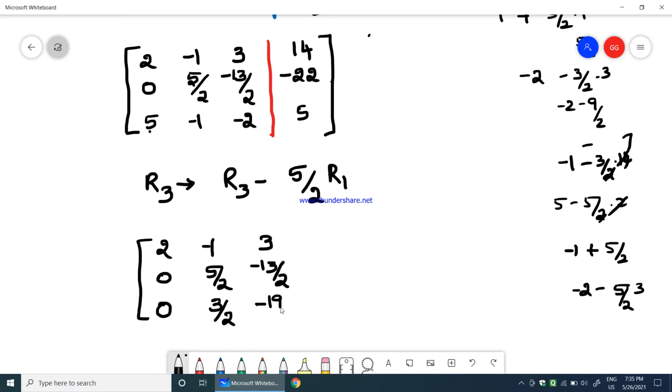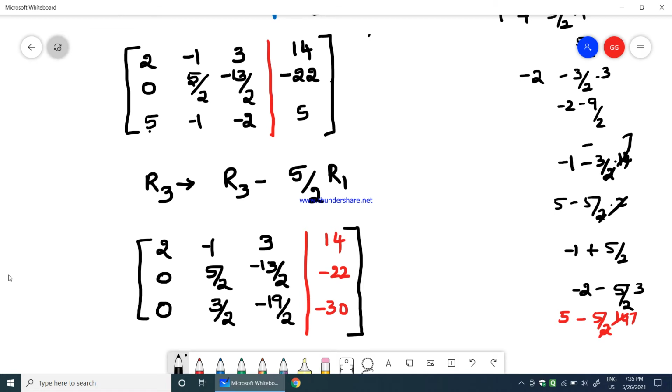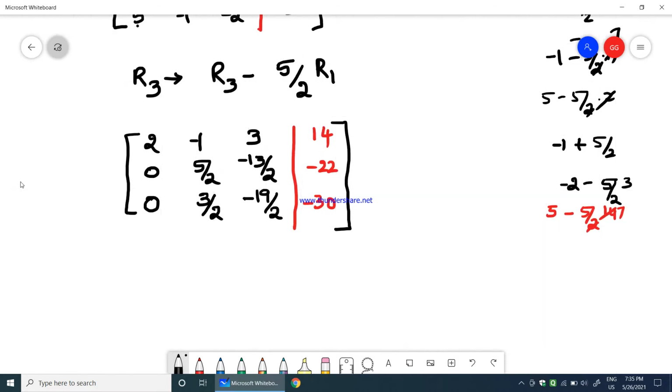Then the right-hand side: 14, minus 22, and 5 minus 5 by 2 times 14. 2 7s are 14, 7 5s are 35, therefore 5 minus 35 is minus 30. This is the matrix we get after the second row operation. Now what else can we do? That is what we need to think about here.